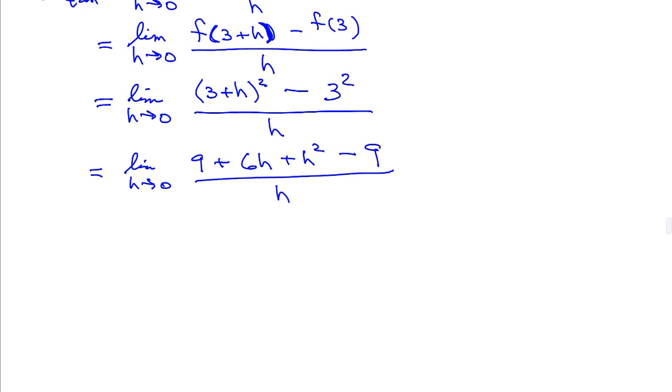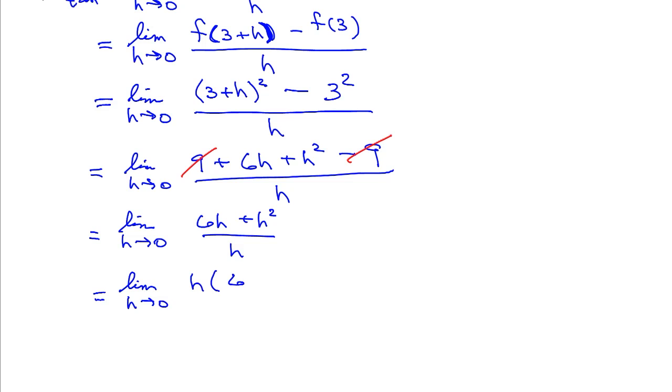All right. What cancels? The 9s. 9s cancel. And that leaves me with the limit as h goes to 0 of 6h plus h squared over h. What factors? h.